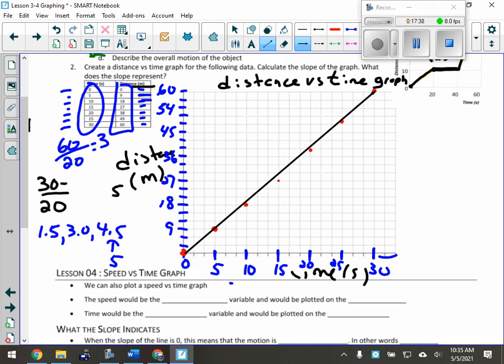Okay, I usually try to start out with the first and last point here. I guess you have to ask yourself, is that a good line of best fit? What do you guys think? Is that a pretty good line of best fit or not? What do you think?